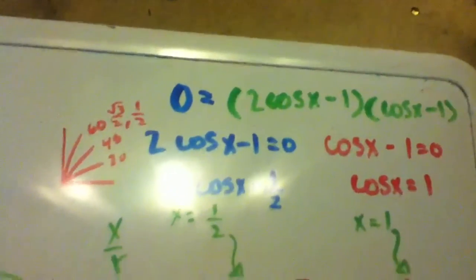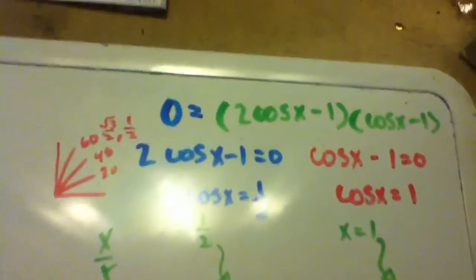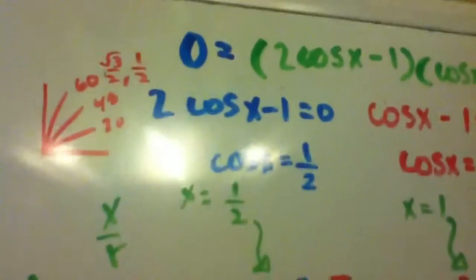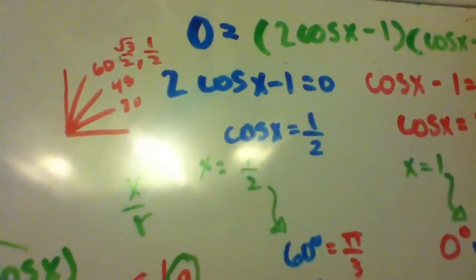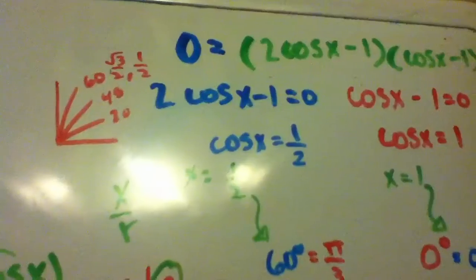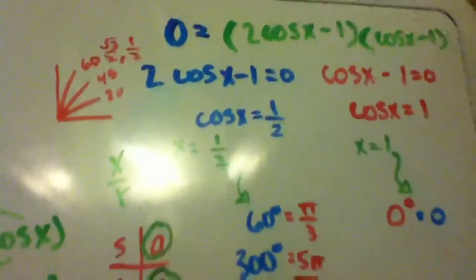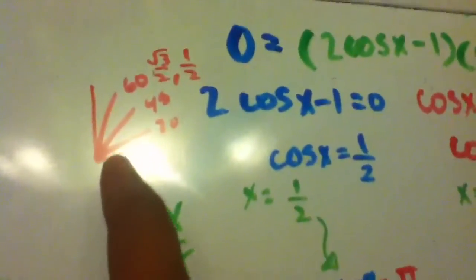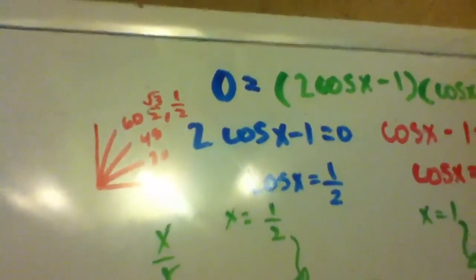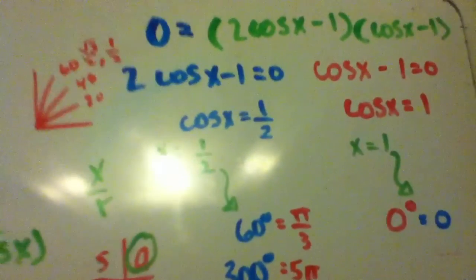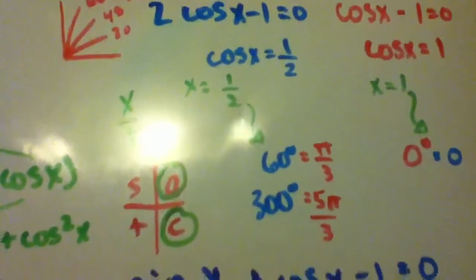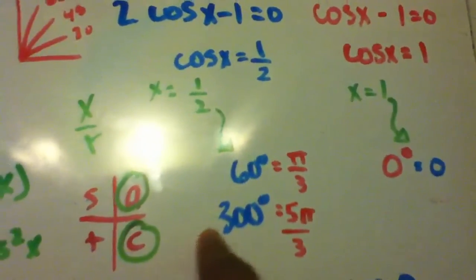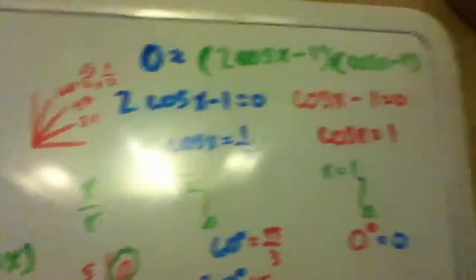Now, we know that cosine is positive for both, so it's really just x over r, with x equaling 1/2 for this one, which with our magic 5 we have 30, 45, and 60. 60 is the one with 1/2. So we have 60, and knowing that cosine is positive in quadrant 1 and quadrant 4, we use the 60 reference angle for 300 degrees.